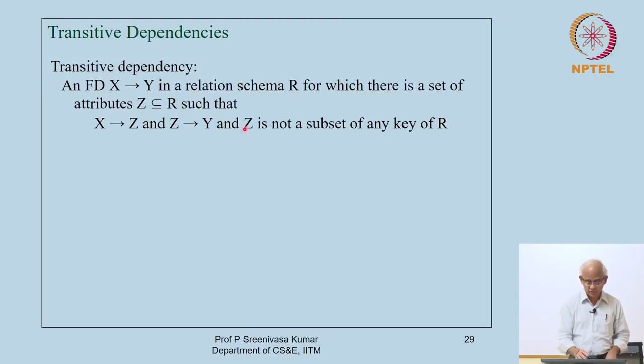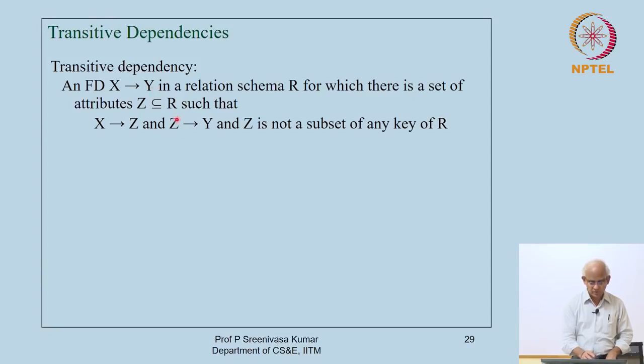Okay, so z may contain some prime attribute, but it is not a subset of a key, that is all we are concerned about. Such that x determines z and z determines y exist in the scheme, and so naturally x determines y also exists.